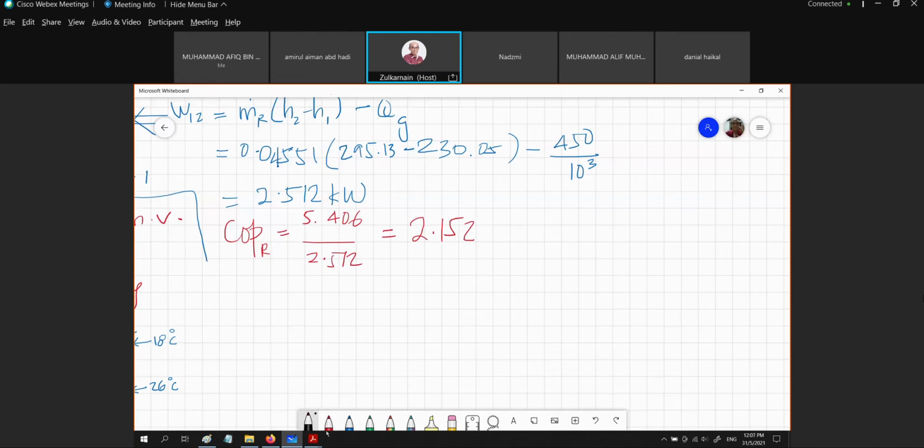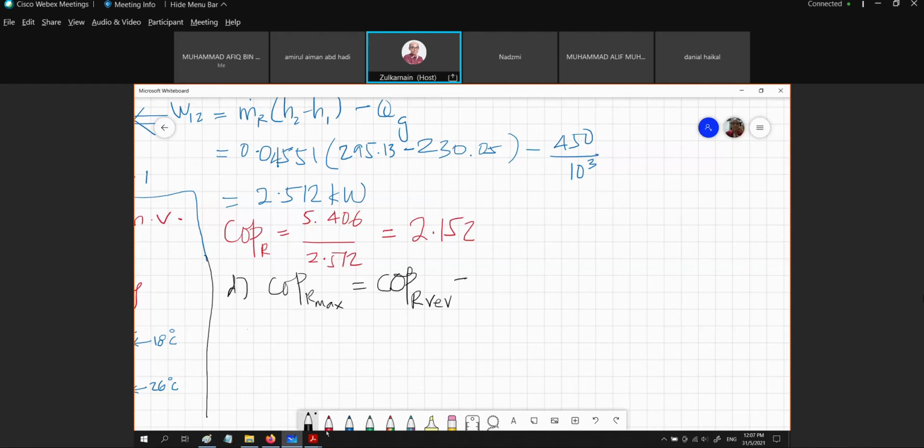Okay, let me add a question. This part D: I want to know what is the COP R maximum. So the COP R maximum should be the COP R for a reversible cycle which follows the reverse Carnot cycle.